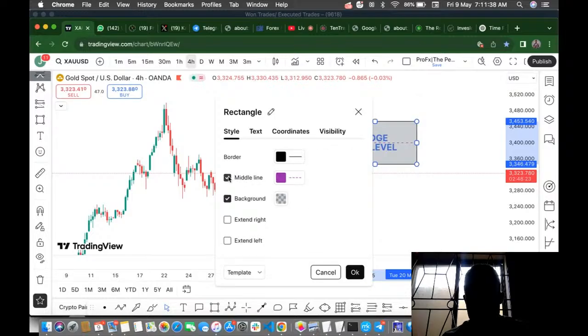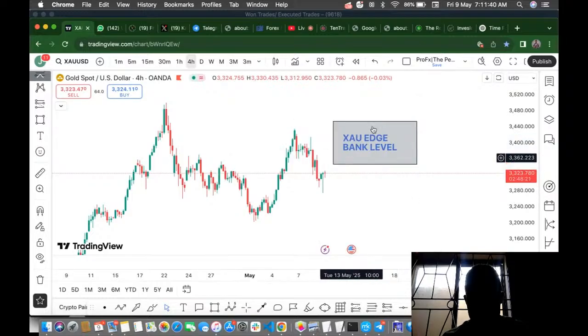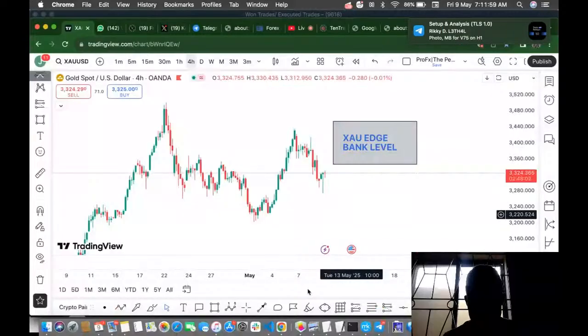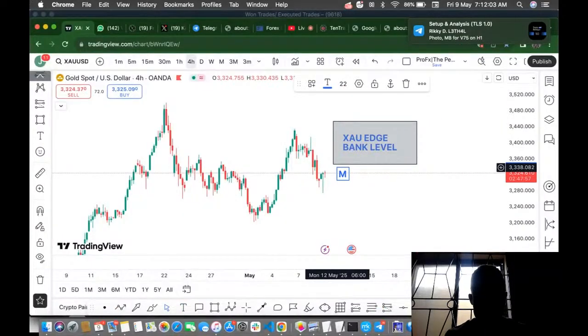Bank level is one of our secret sources of edge. Bank level will help maximize profit and increase your win rate.